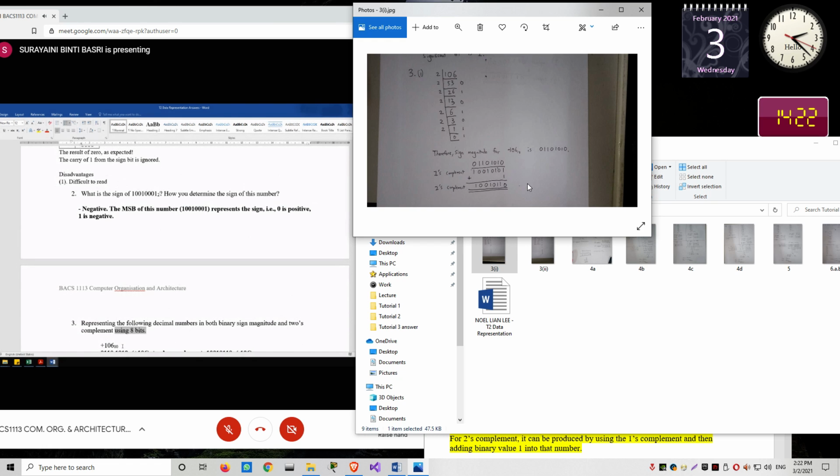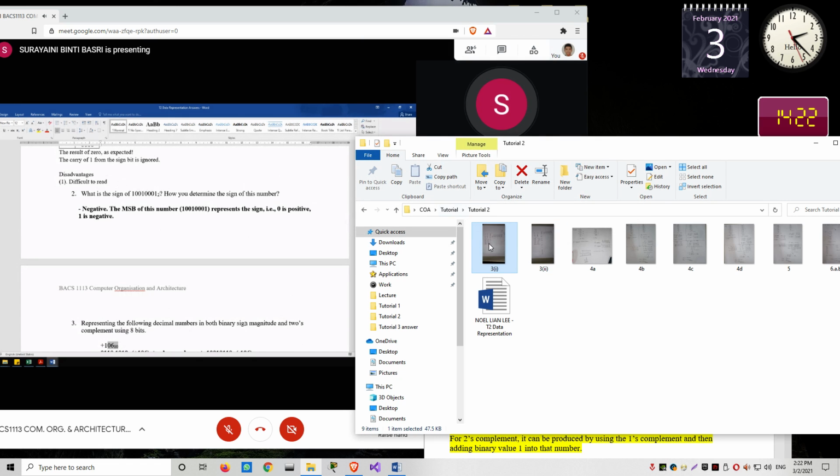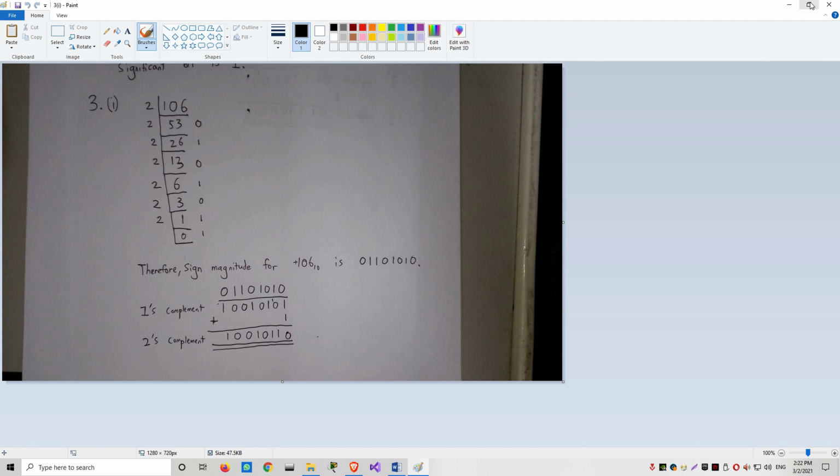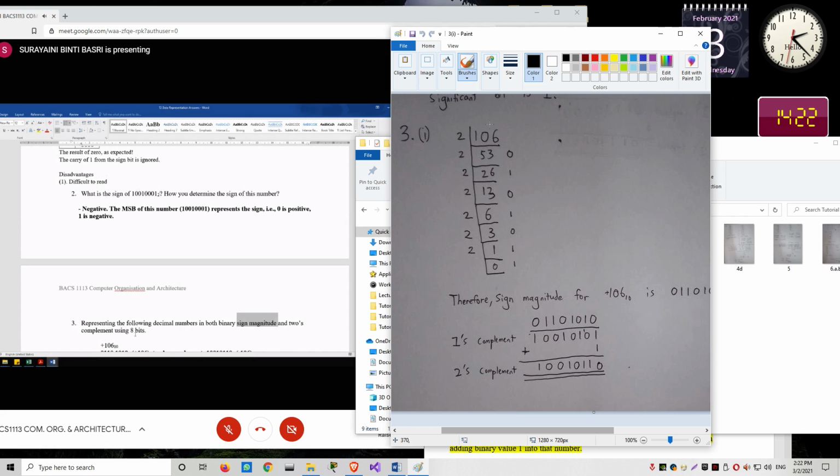So represent this number using sign magnitude and 2's complement using 8 bits. Who has answered this question? Noel? Yeah.